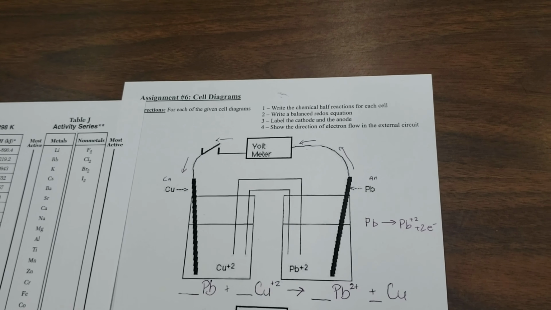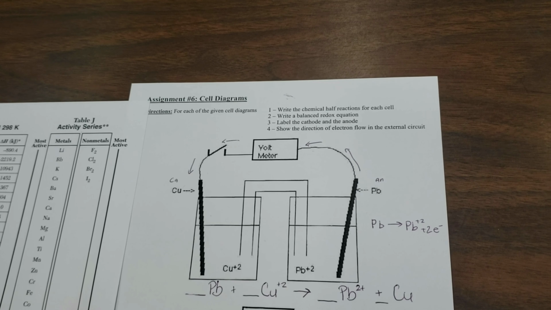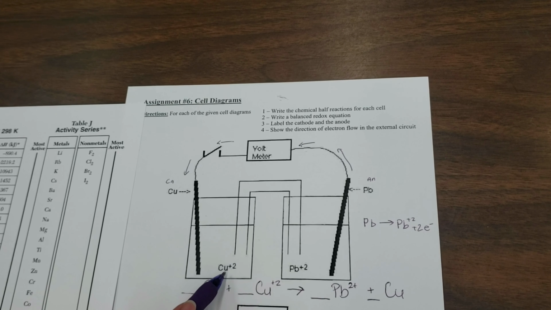Okay, so how about the half reaction for the cathode? It's going to go from the charged one to the one not charged. So how do you know the order of the charges?